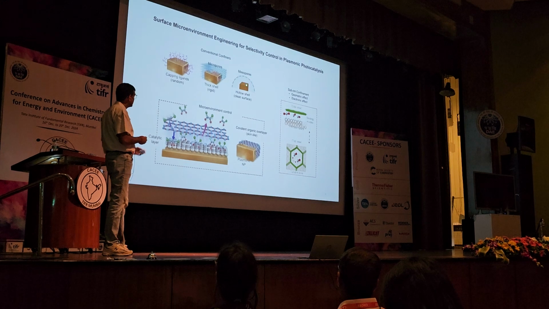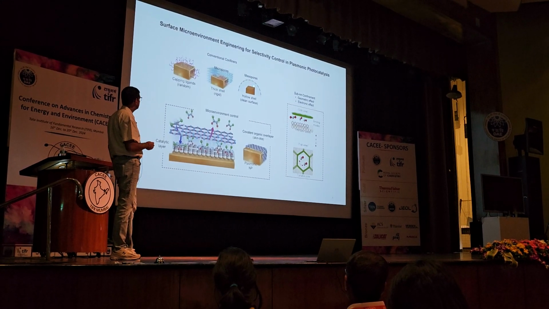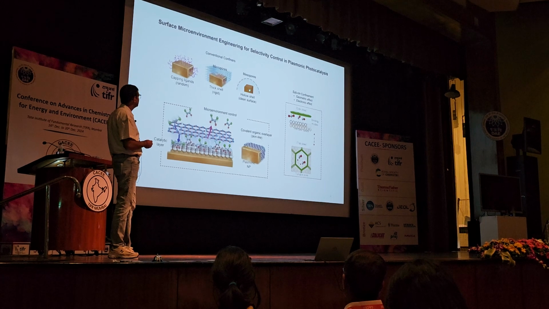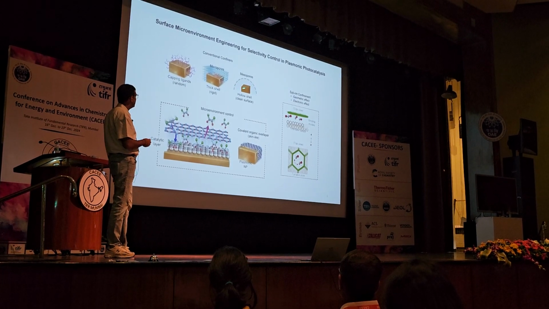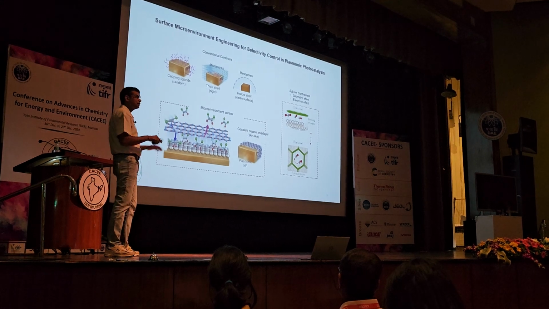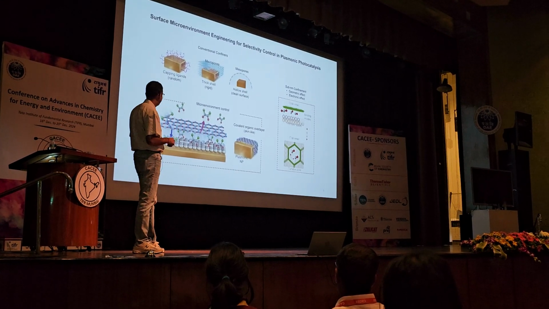The third way is to make a rattle kind of structure, where you locate the plasmonic nanocrystal inside hollow mesoporous shells. But here, as you can see, the plasmonic nanoparticle has a clean surface and the reaction happens there, so you don't have much control on the selectivity aspect.